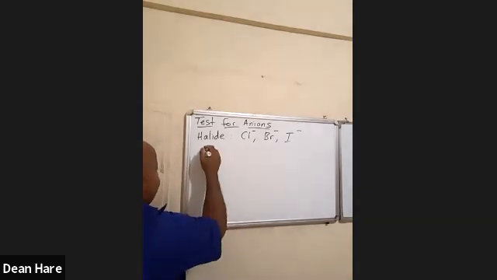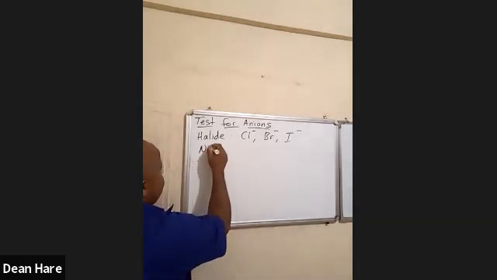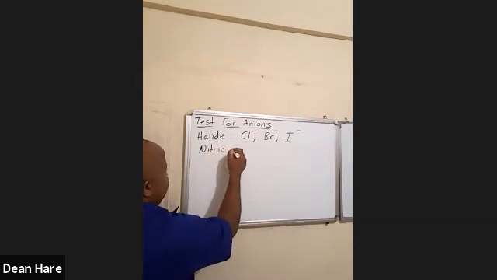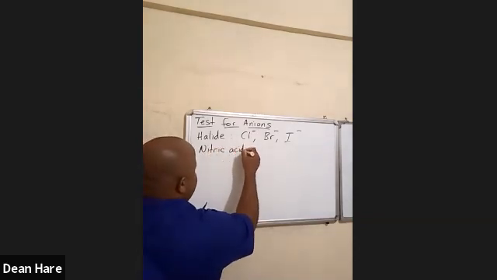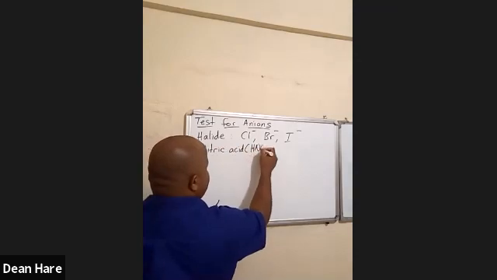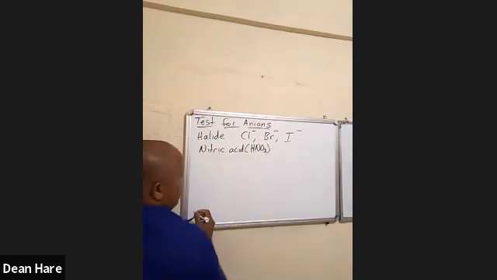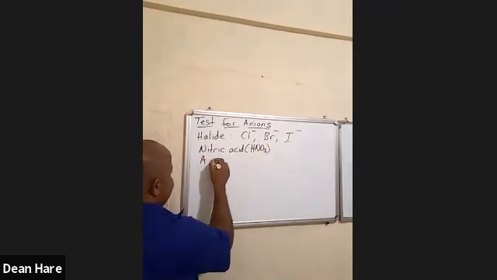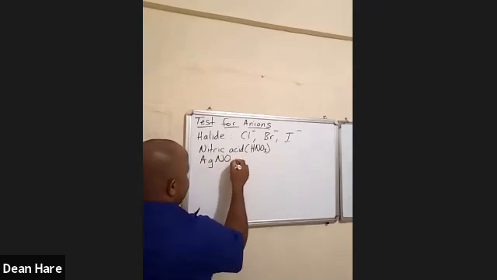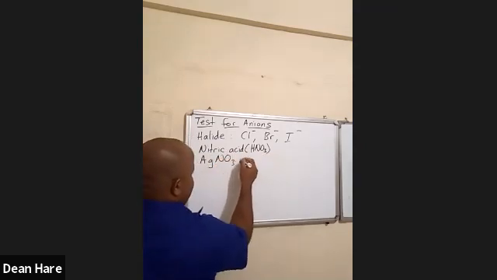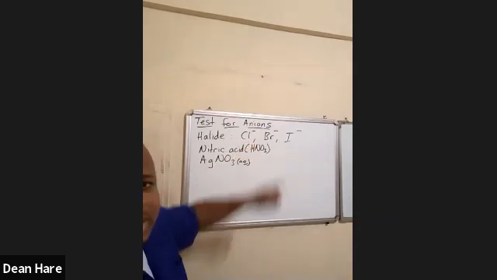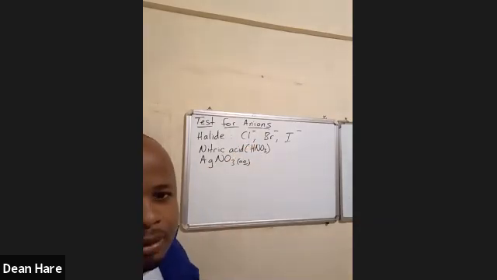So once you see nitric acid and silver nitrate, you are testing for the halide ions.